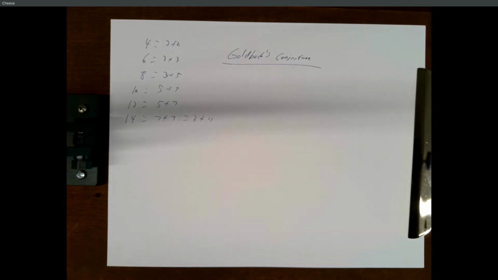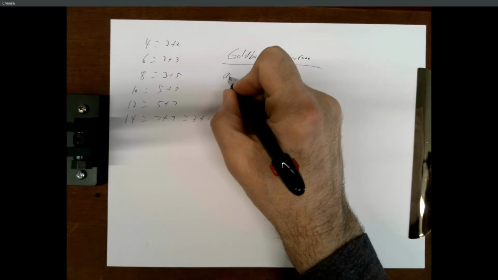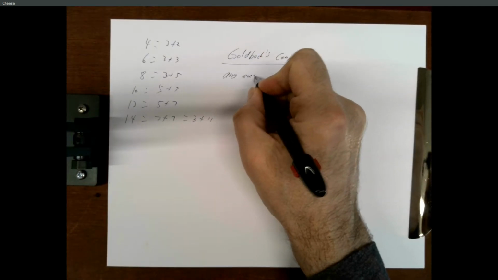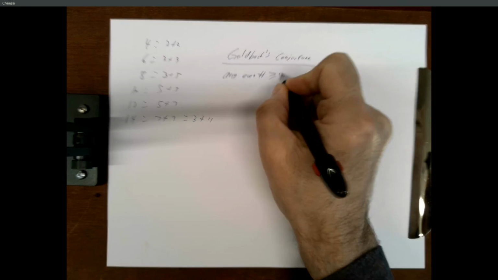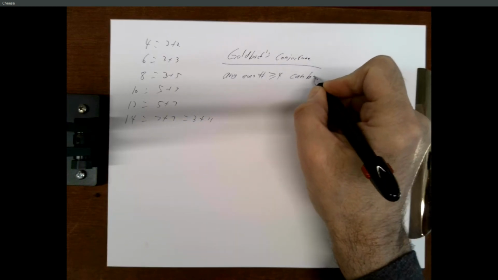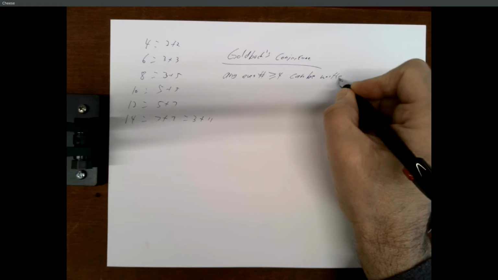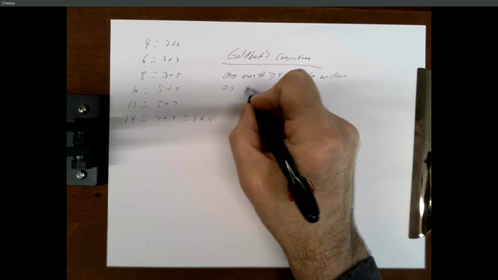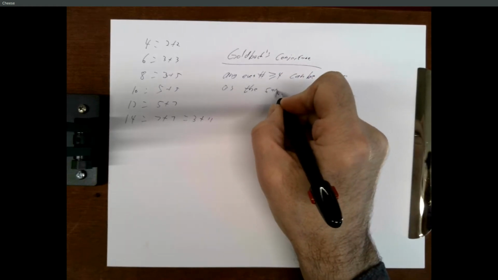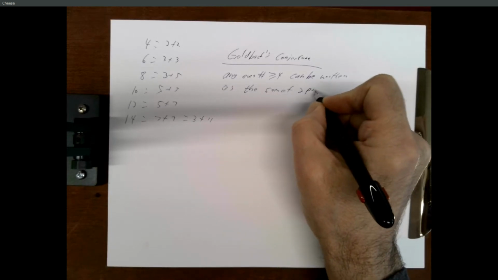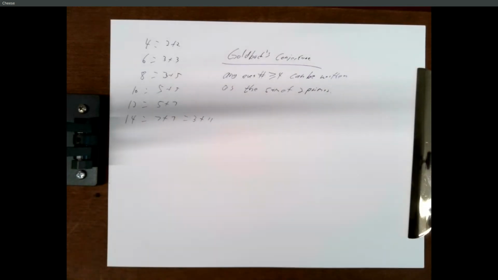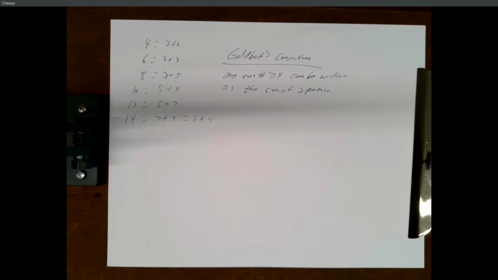So Goldbach's conjecture says any even number greater than or equal to 4 can be written as the sum of 2 primes. Goldbach, yeah, B-A-C-H, like the musician.